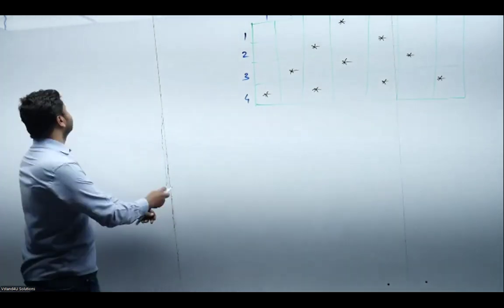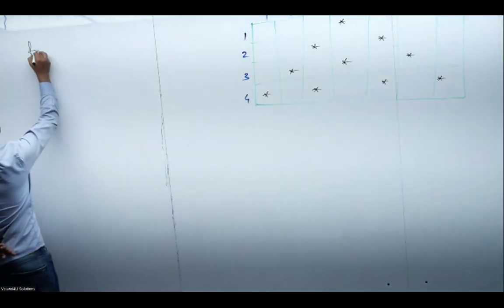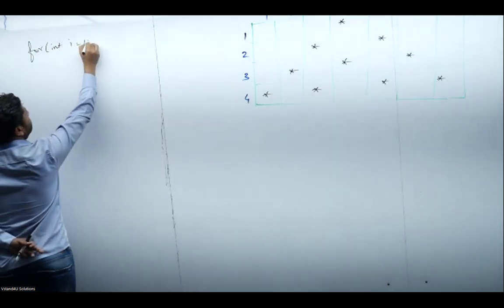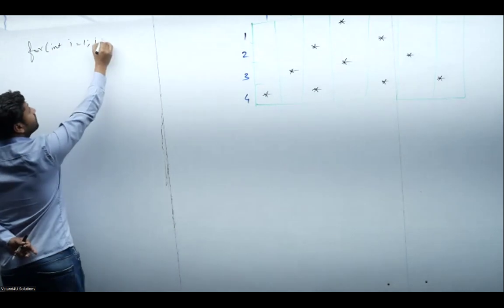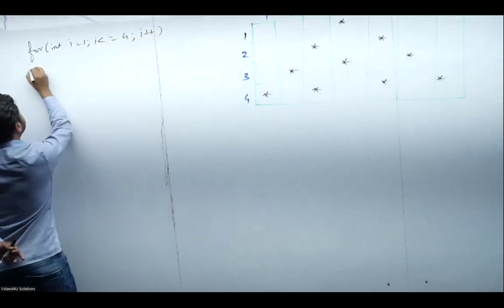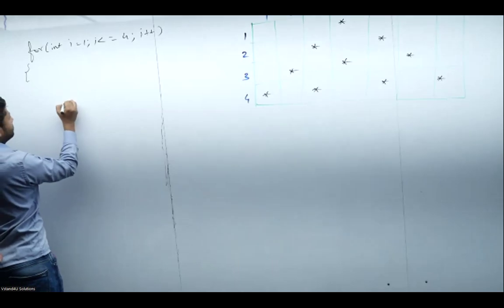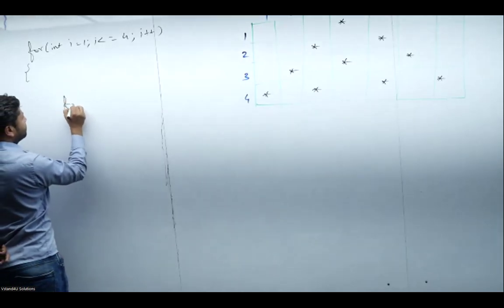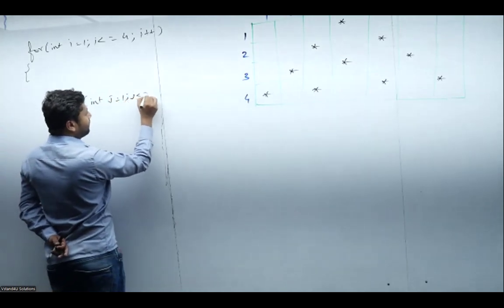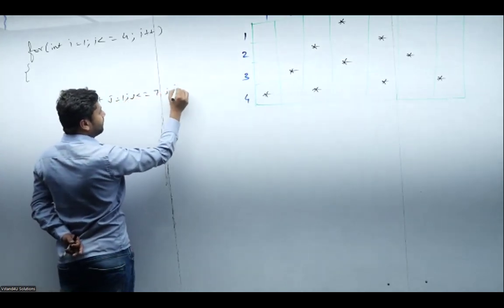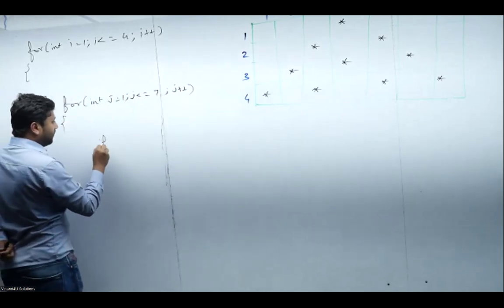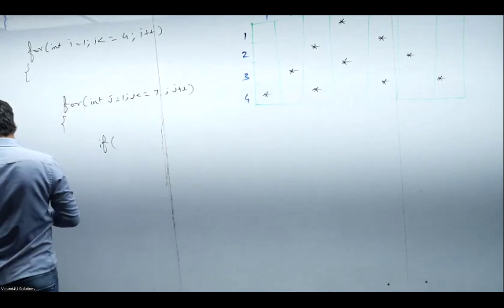Now ready. So we wrote the first outer loop. Done. What is the first condition we wrote?